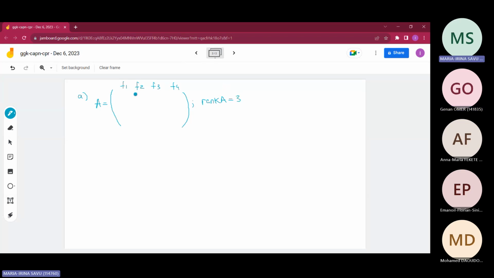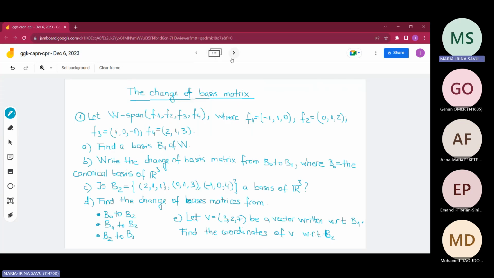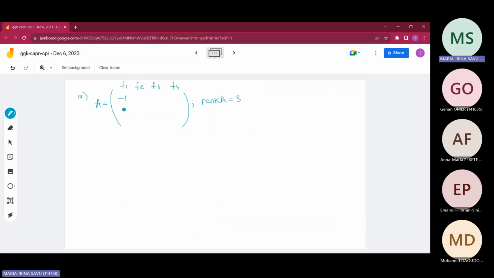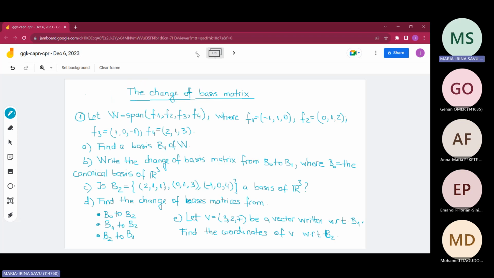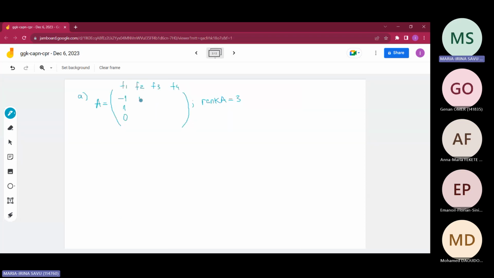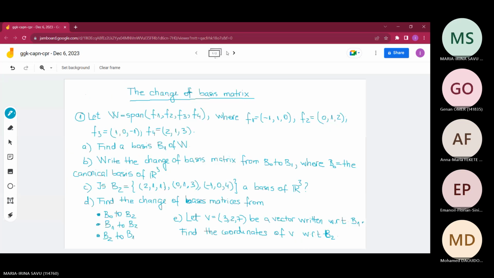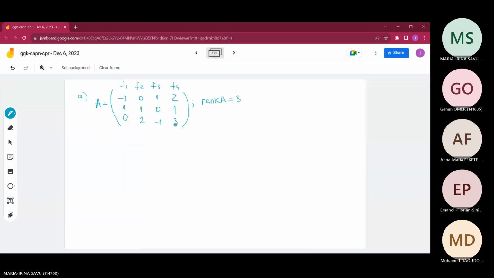Exactly. The term here is not 0, so the rank of A is 3.